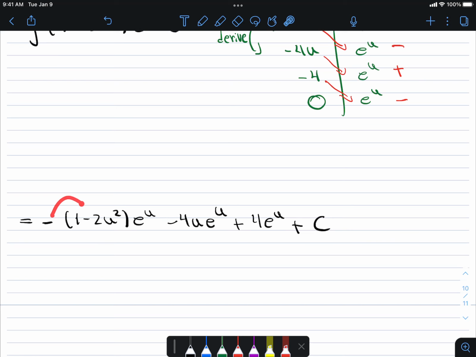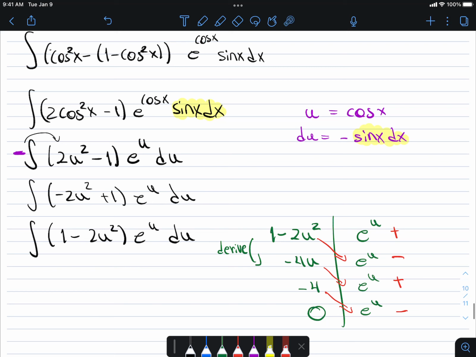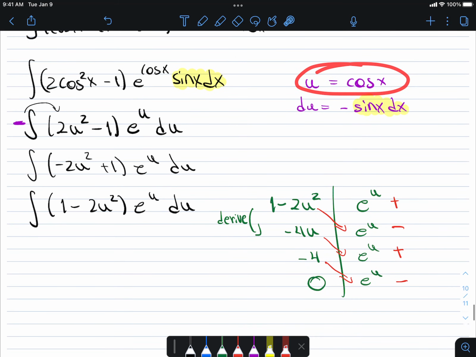I'm going to do the thing I did with the minus again, because I don't want to have to handle this minus separately. And now I have to be careful with the fact that I used the u substitution to be able to do this. So before I write the final answer, I have to change back from variable u to variable x. So remember what u was. u was the cosine of x.